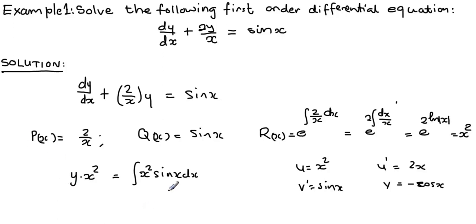Then multiplying u and v according to the formula for integration by parts, we get minus x squared cosine x. Plus, because there's a minus in the formula, with this minus here we get a plus, plus 2 times the integral of x cos x dx.